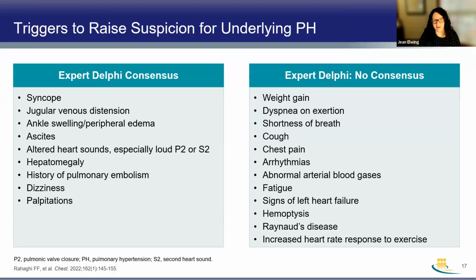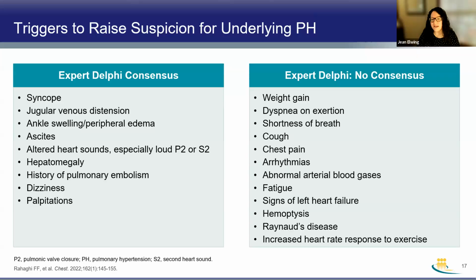So what do the experts say? In a recent publication that was a Delphi analysis, which is just really trying to find consensus on a disease process with a group of experts, the Delphi consensus for ILD-PH came up with some guidelines for us.